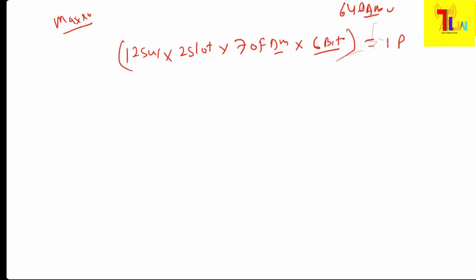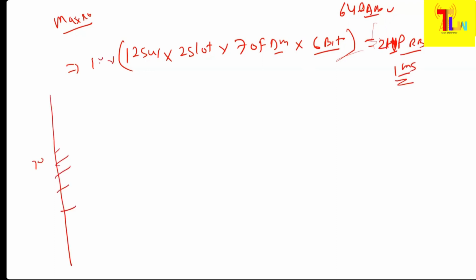Or you can say, in the time domain, for 12 subcarriers. So this is for 1 PRB in 1 millisecond. Similarly, we have 100 PRB, so we can multiply it by 100 also.